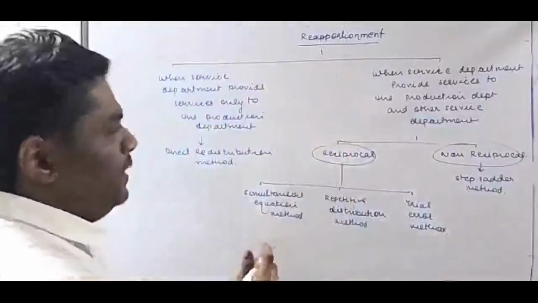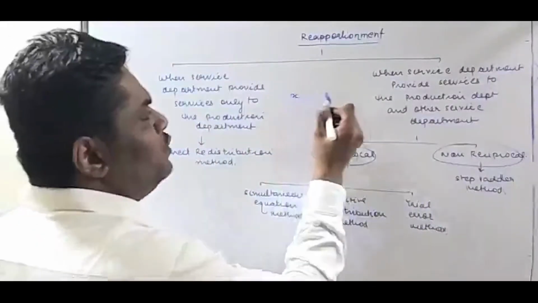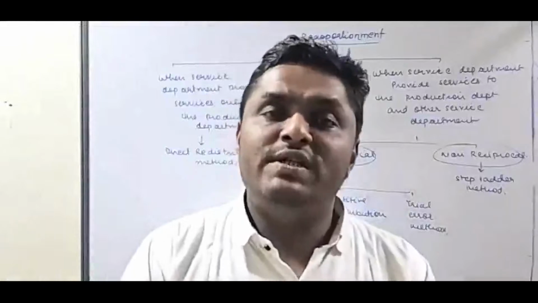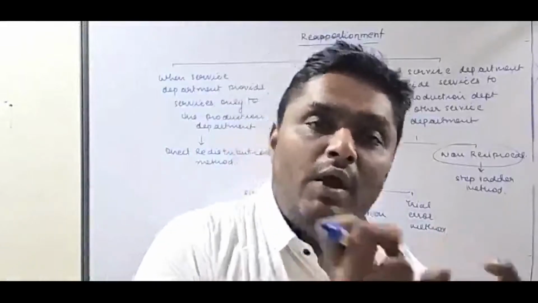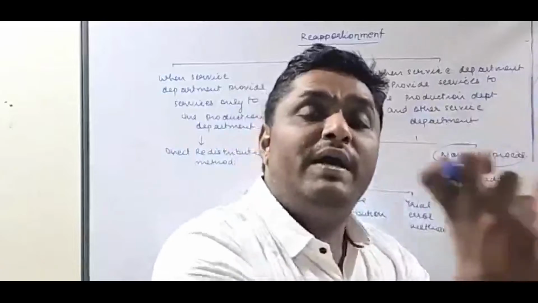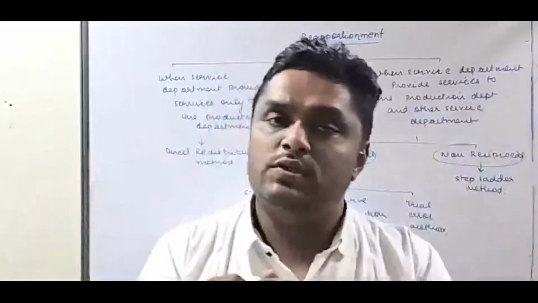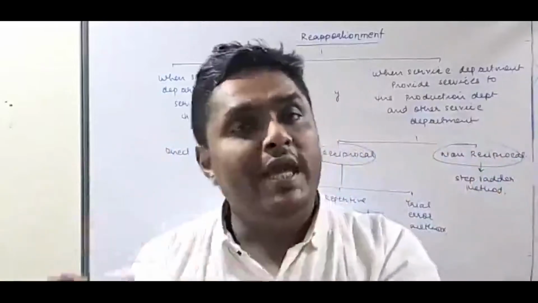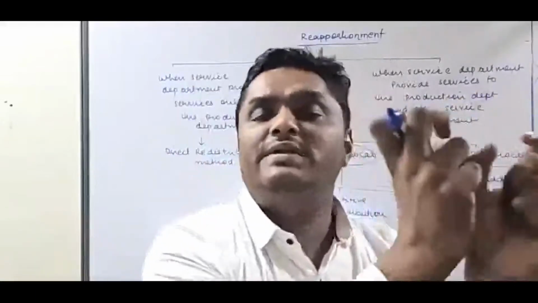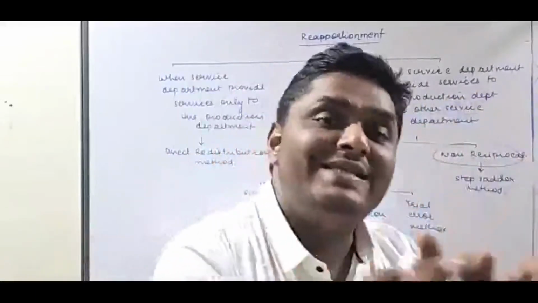Let's say when talking about reciprocal, there are two service departments X and Y. X service department is providing services to the various production departments as well as department Y also. Further, Y is providing services to the production departments as well as X also.